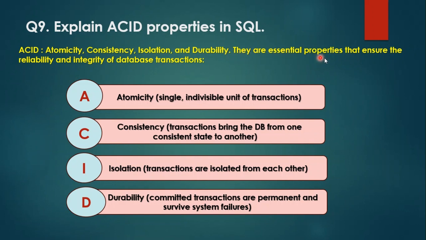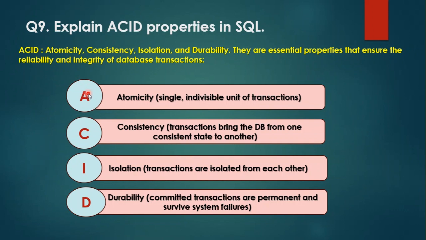They are the essential properties that ensure the reliability and integrity of database transactions. So this is a transaction-related property. When we perform any transaction, the ACID properties should be followed. This is the one standard given by SQL.